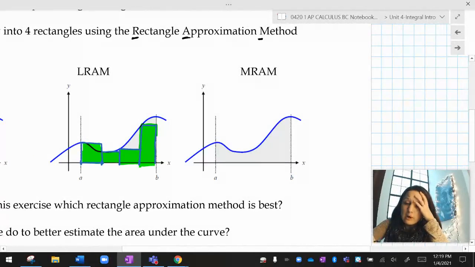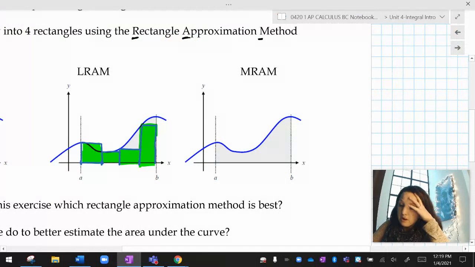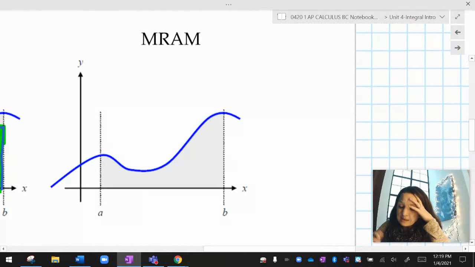Now, what about MRAM? If L and R aren't perfect, maybe MRAM will be better. Let's find out. I am again going to split this into four subintervals. Between this subinterval right here, I'm going to grab the midpoint of the interval, go up to hit the curve, and go straight across and down.